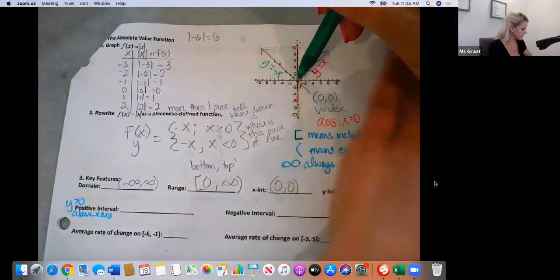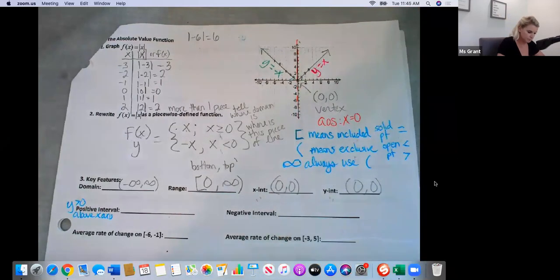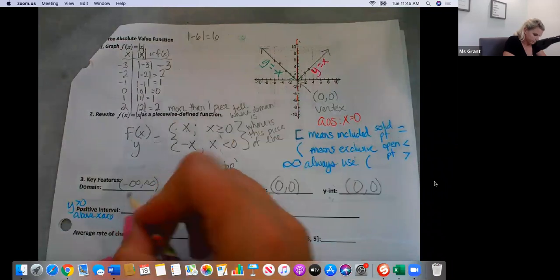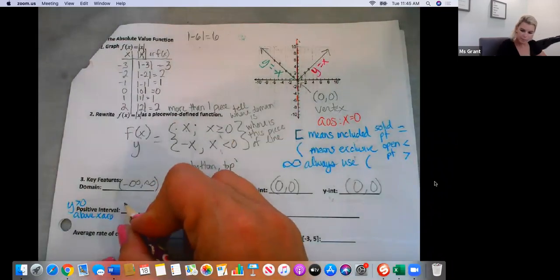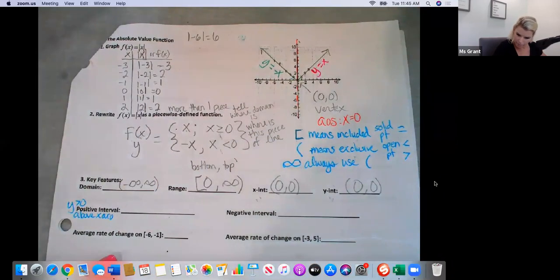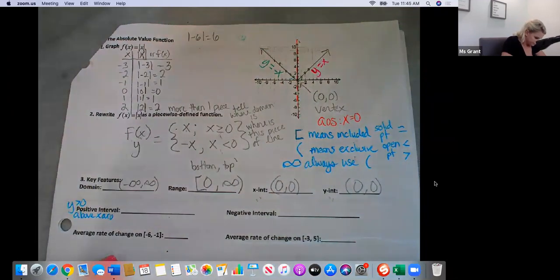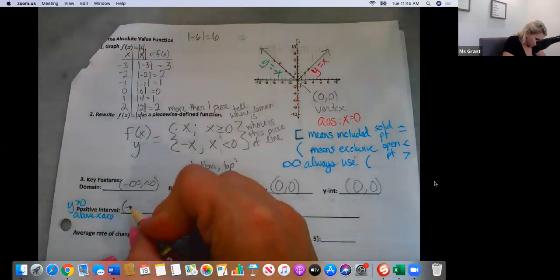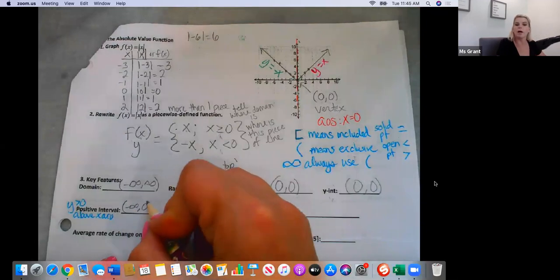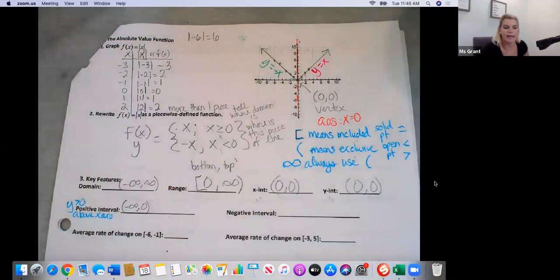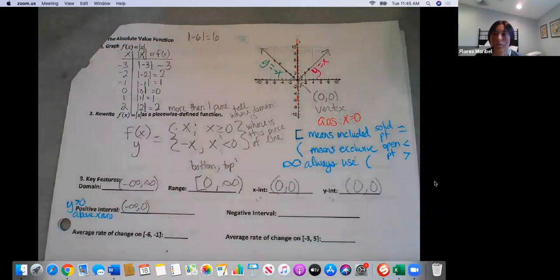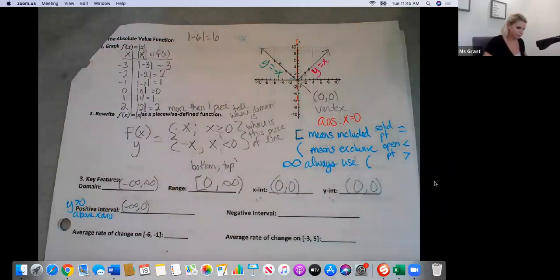How do I write that? It's going to be in parentheses. Maribel? Is it negative infinity and then comma 0? It is. Please write small, you guys. Negative infinity to 0. Okay, that's just the left-hand side.